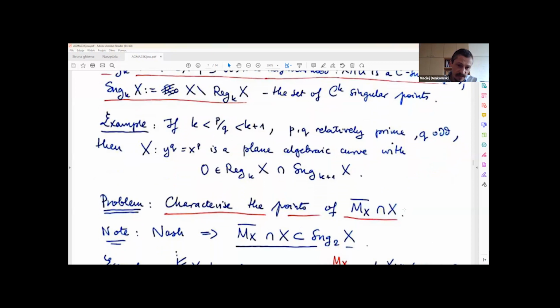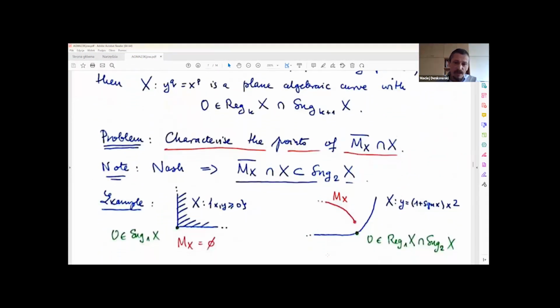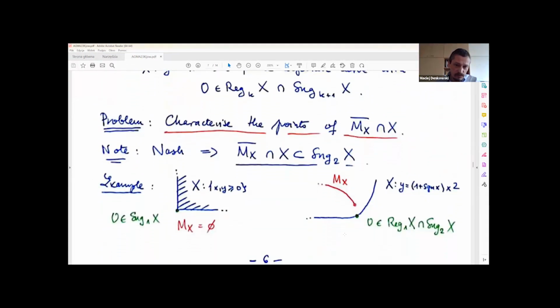By this Nash result, we know that we have to look for them among the C^2 singularities. But of course, you have here some examples that not all the singularities are reached by the medial axis. The first example is a set for which the origin is a C^1 singular point while the medial axis is empty because the set itself is convex.